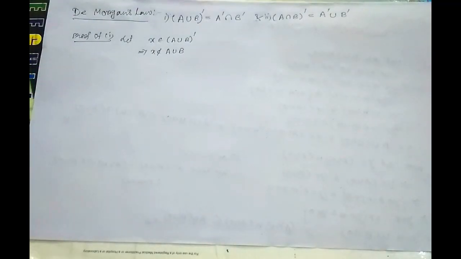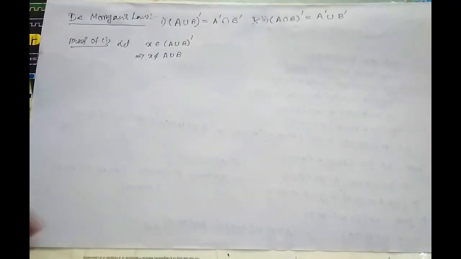See, when we take the union of two sets, then actually we are gathering the points in A and B. Okay, but in this case X does not belong to A union B.